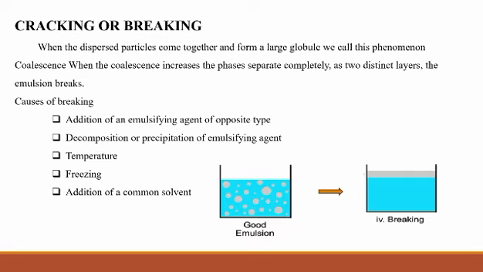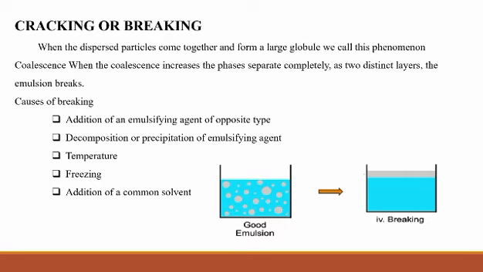What are the reasons for breaking? One is adding an emulsifying agent of the opposite type, because we have to use the HLB scale for selecting the emulsifying agent. For an oil in water emulsion, we have to add a low HLB emulsifying agent.